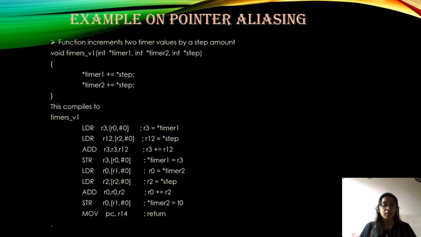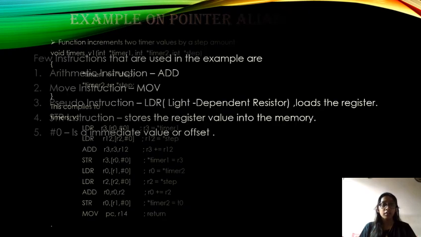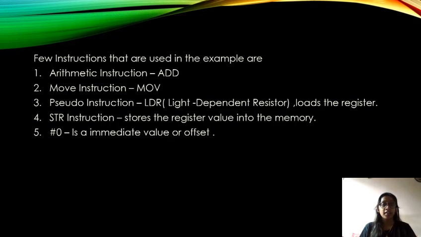Many instructions are used in this example: arithmetic instructions, move instruction MOV, the pseudo instruction LDR which loads the register, and the STR instruction which stores the register value in memory, and #0 is the immediate value or the offset.